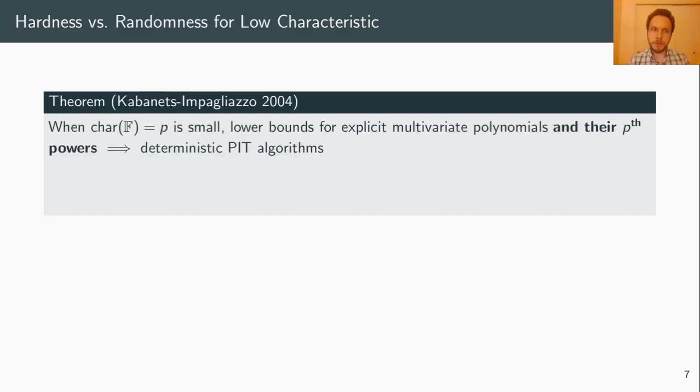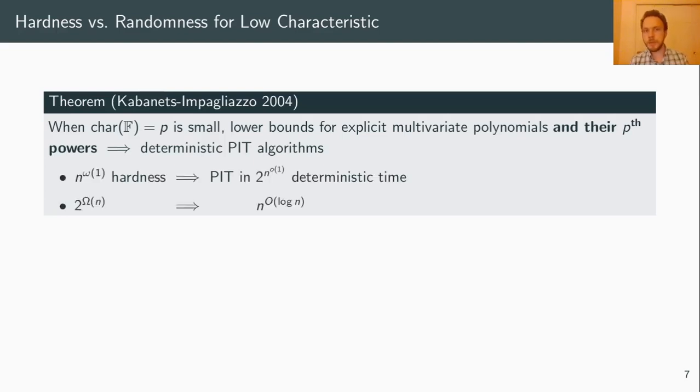So what they proved is when the characteristic is small, you can derandomize PIT, but now you need lower bounds against not just a family of multivariate polynomials, but in fact a lower bound against p powers of those polynomials, p squared powers of those polynomials, and so on. Quantitatively, this result looks exactly the same as the previous one, but I want to elaborate a little bit on what I mean by lower bounds against a polynomial and its p powers.